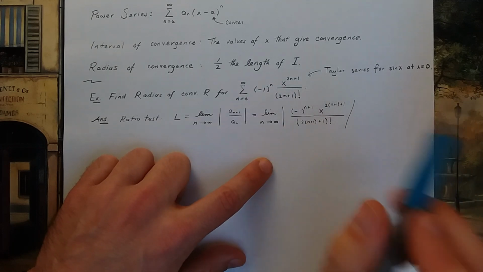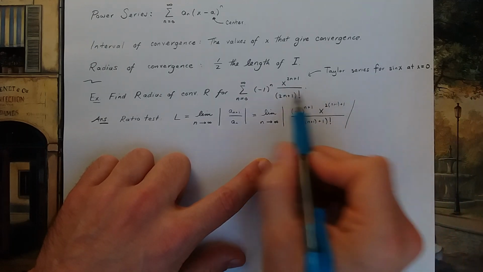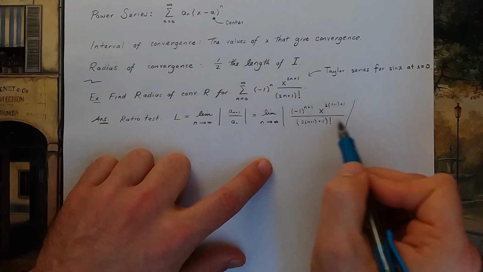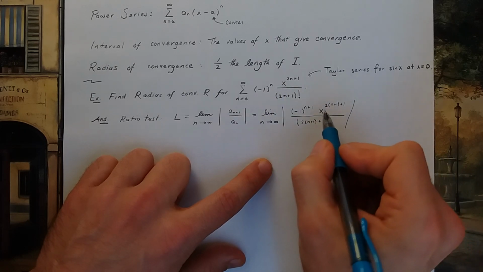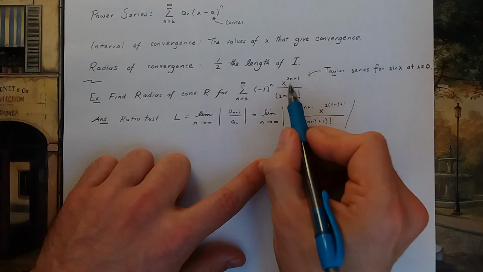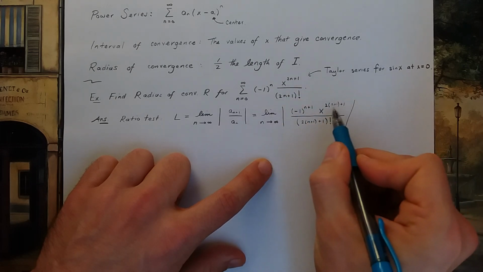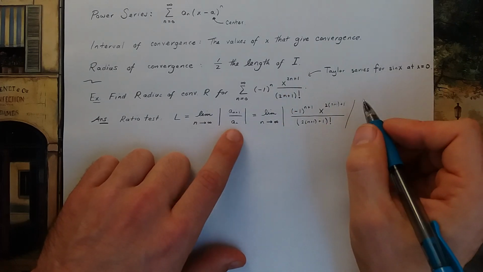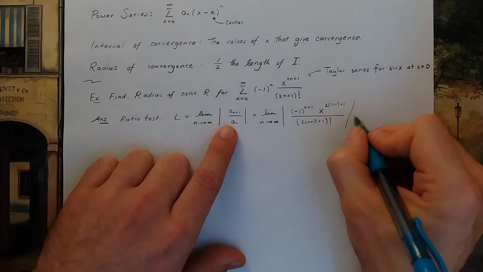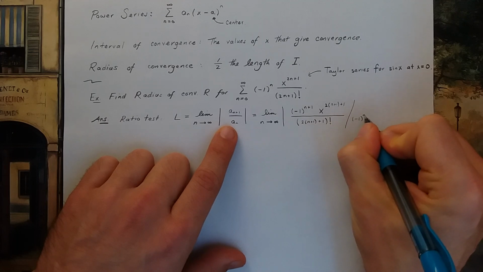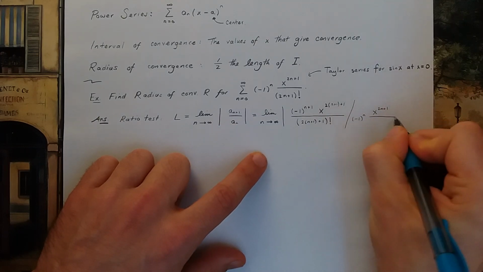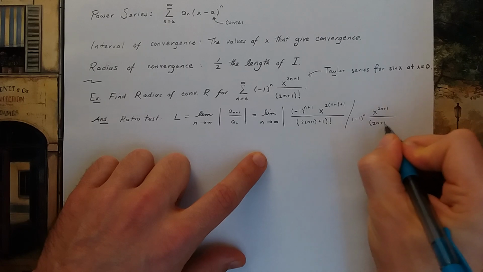Now, warning, I've seen students do it incorrectly in the past. In my past teaching this course, I've seen some students write the power of x as 2n plus 2. That's not quite right. You need parentheses around the n. Anyway, the nth term is minus 1 to the n, x to the 2n plus 1 over 2n plus 1 factorial.